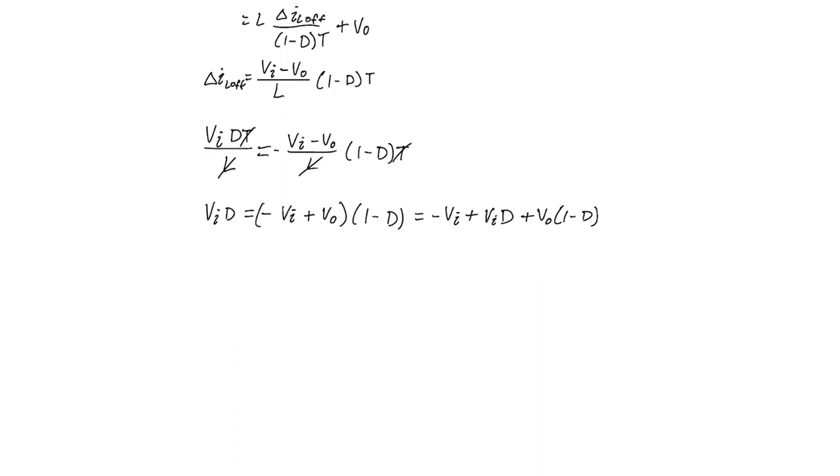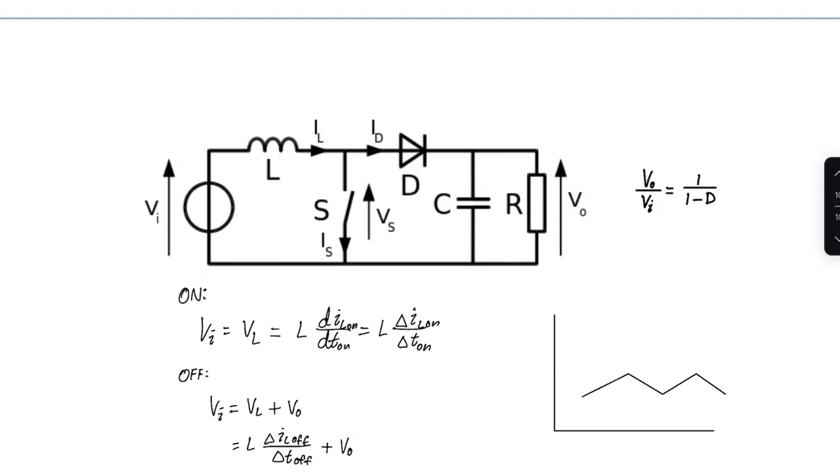So this means that this one here would go with this one here. So if we also move this one over, we get that VI is equal to VO multiplied by 1 minus D. So if we move this one over to this side and this one over to this side, we get that VO over VI is equal to 1 over 1 minus D, which is what we were looking for. Yeah, this equation here.